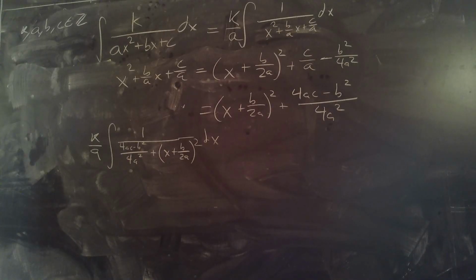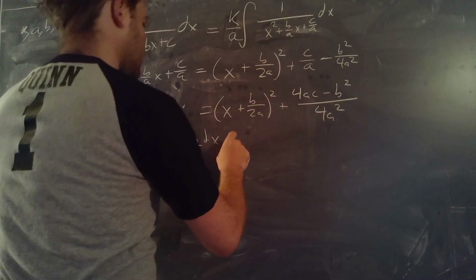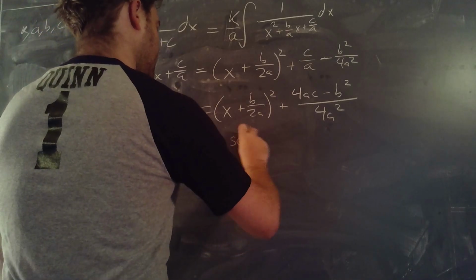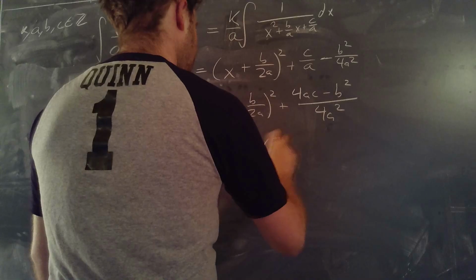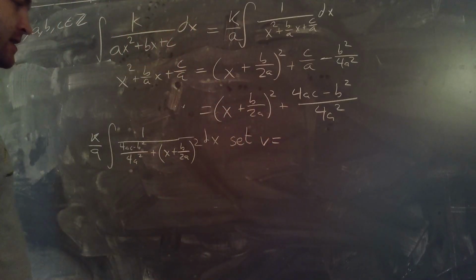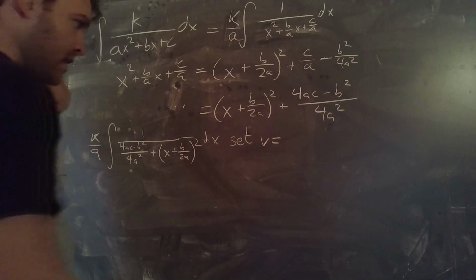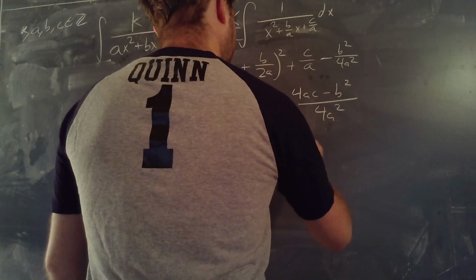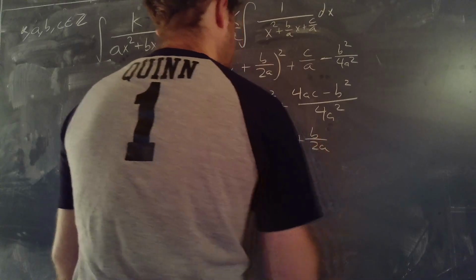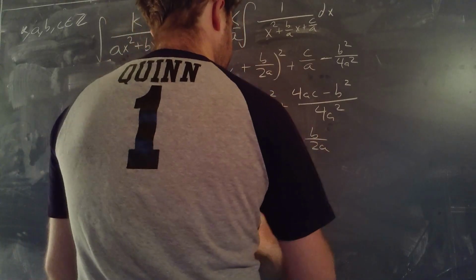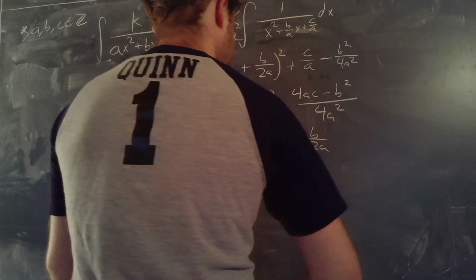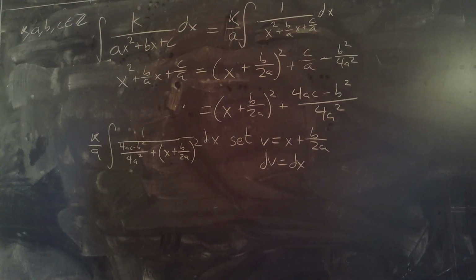And then the last thing we need to do here is start doing some substitutions to make our life a little bit easier. So we're going to set our first change of variables, v, equal to the stuff inside of this squared term. So v is going to be x plus b over 2a, and that makes dv equal to just, of course, dx.